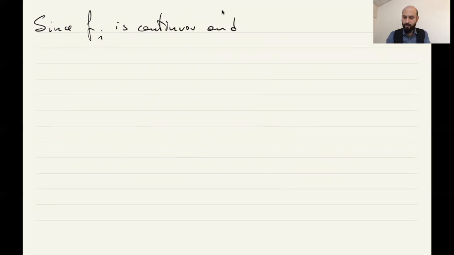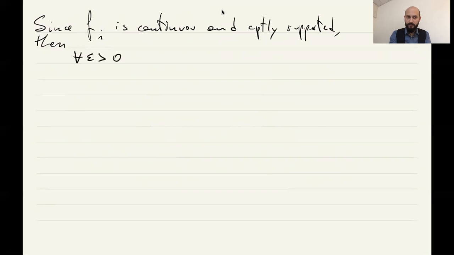Now let's use the fact that each of the f_i is continuous and compactly supported, and therefore it is uniformly continuous, which for groups you write like this.